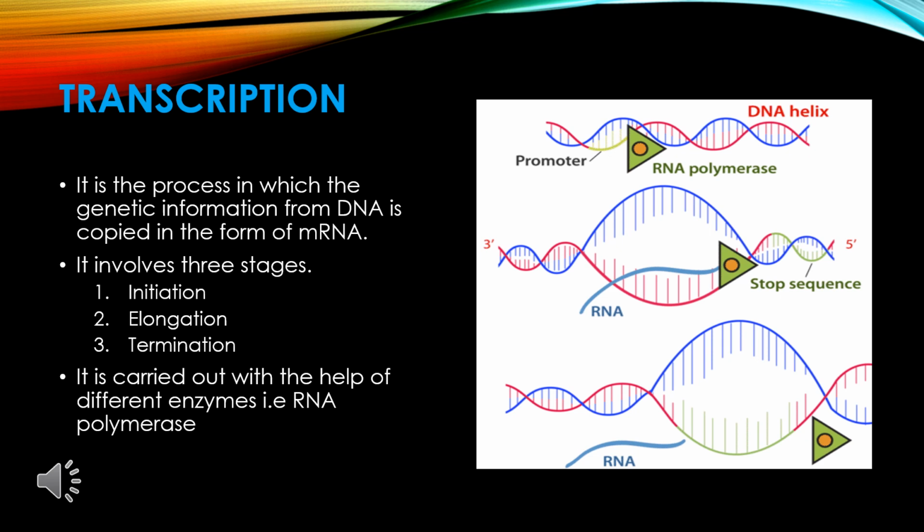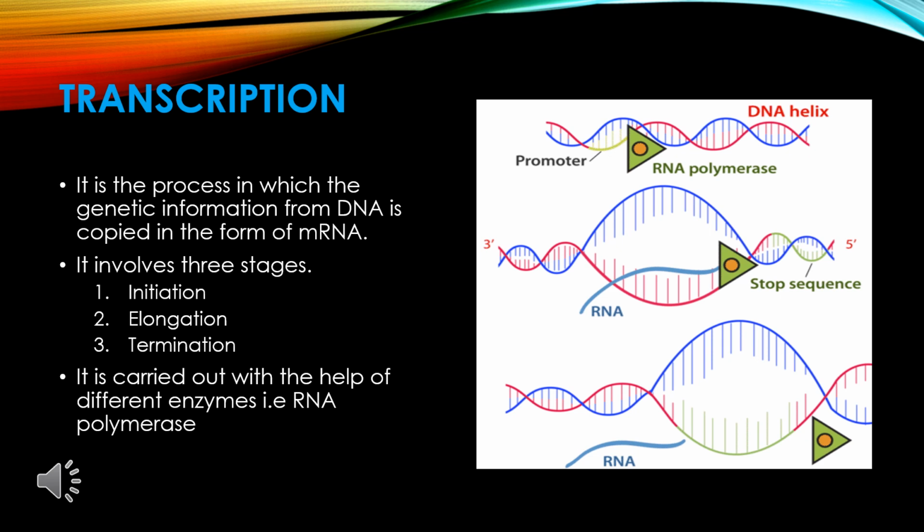Now we have a green colored region which is called promoter region. Promoter region basically is a region that contains the codon for initiation of transcription. It is basically a signal point that tells RNA polymerase that you have to start transcription from this point. This is the beginning point of the transcription, which is called the promoter region.